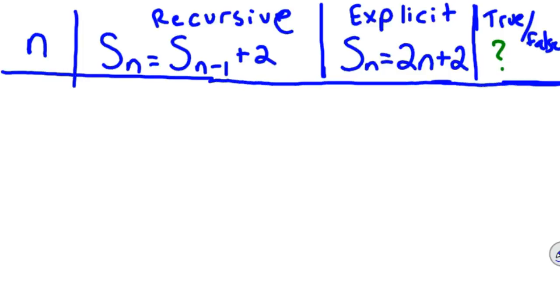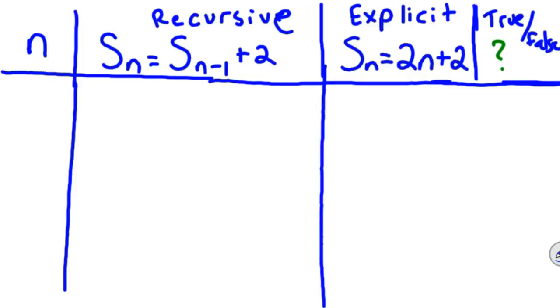You set up number of tables here, recursive here, explicit here, and then this last column is just to verify: is it true or false? So I have a little question mark, and you'll ask yourself each time, is it true or false?